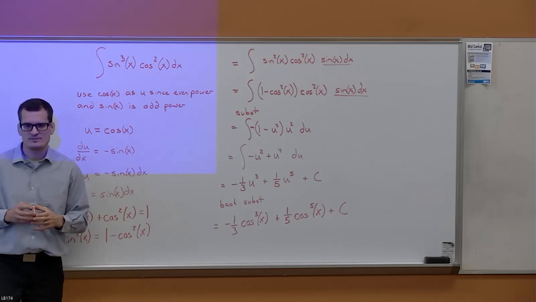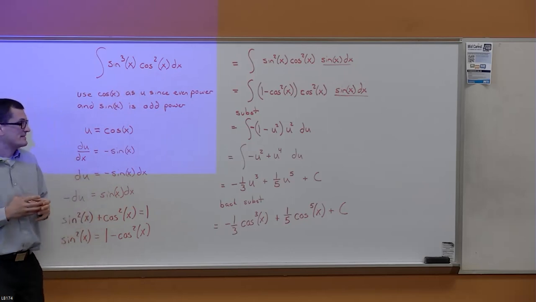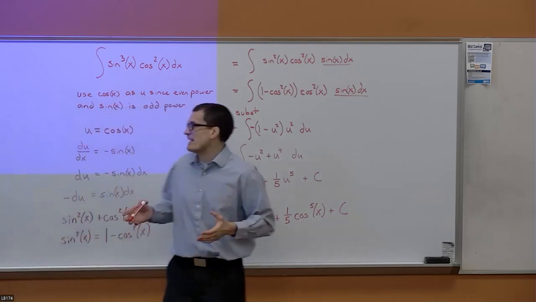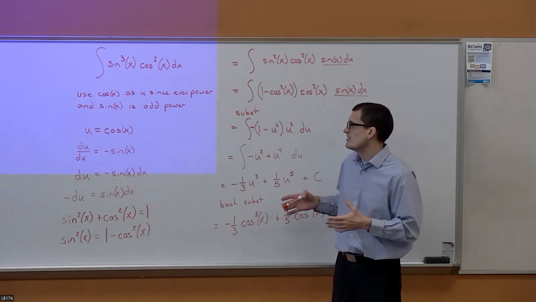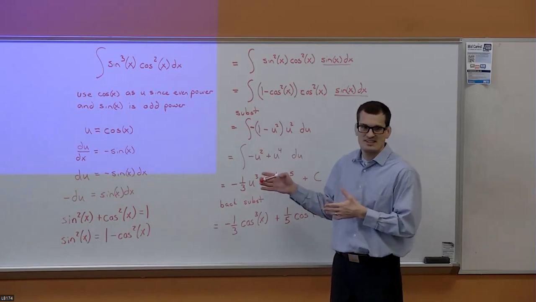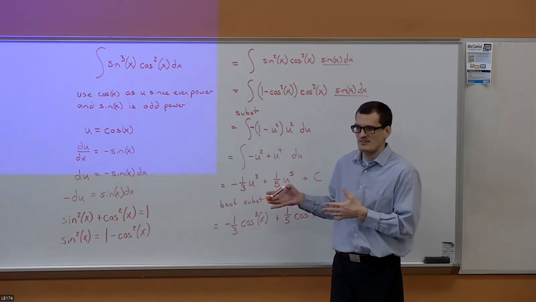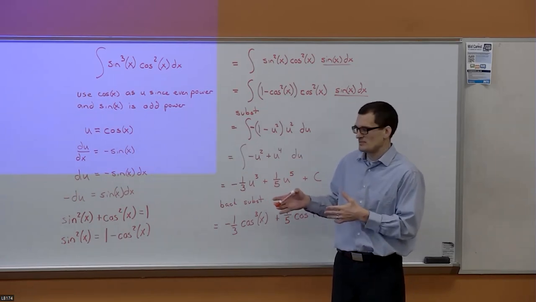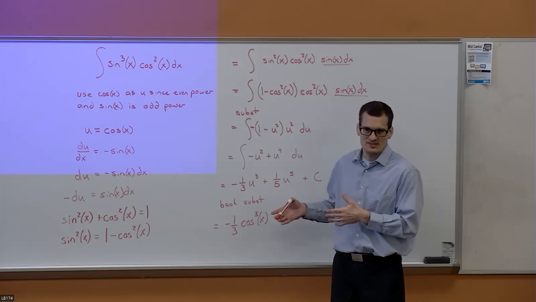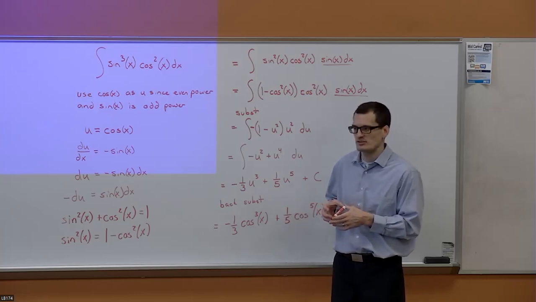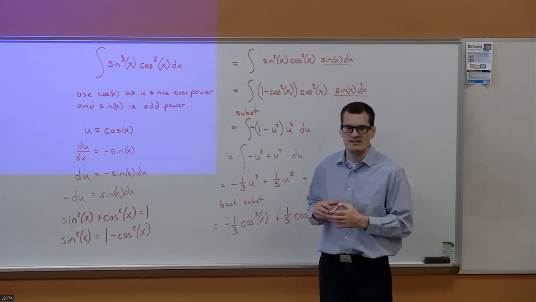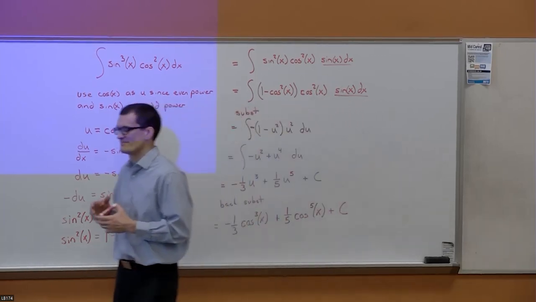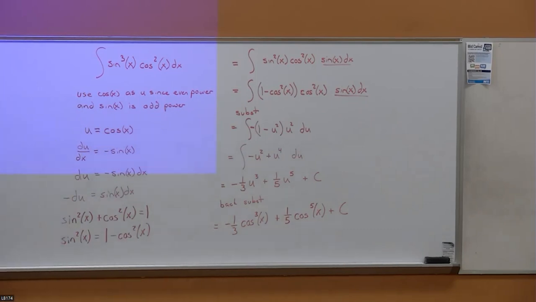That makes sense? And as always, when in doubt, if you don't see that right away, just pick one. See if it works out. If it doesn't work out, restart, pick the other one, right? There's basically two options here. You pick the u to be sine or the u to be cosine, and hope one of them works out.